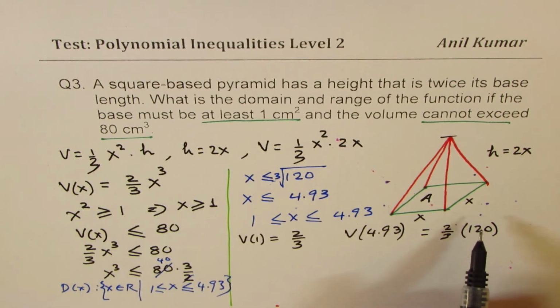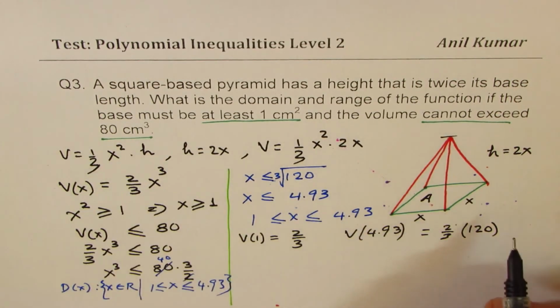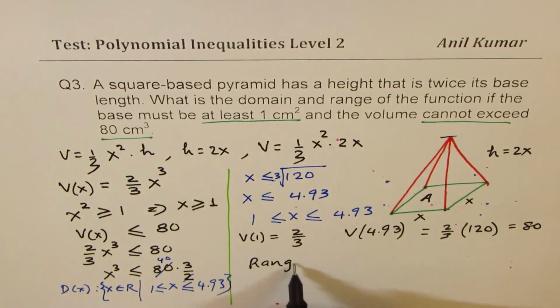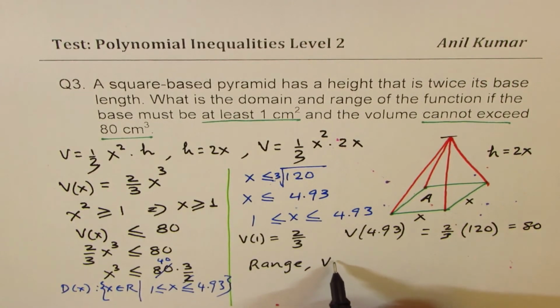We know that the maximum volume is 80, so you'll get 80 here. That is how you get the volume. So the range is basically volume for us.